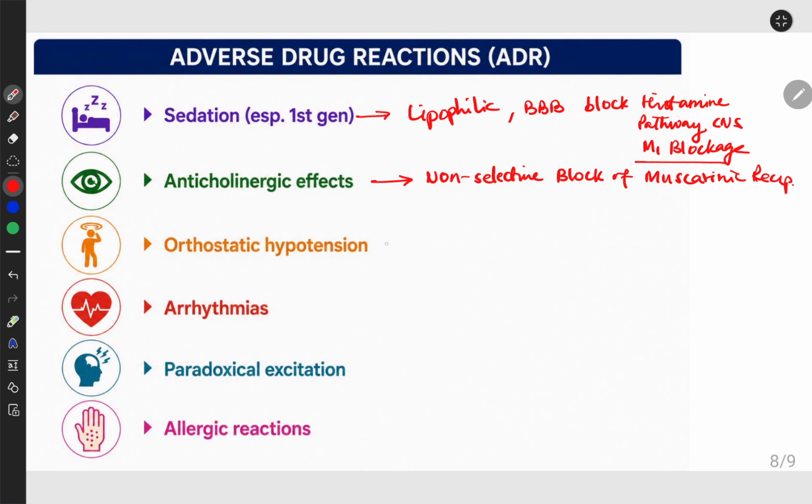The drugs which also produce alpha blocker effect tend to produce vasodilation that can lead to orthostatic hypotension.